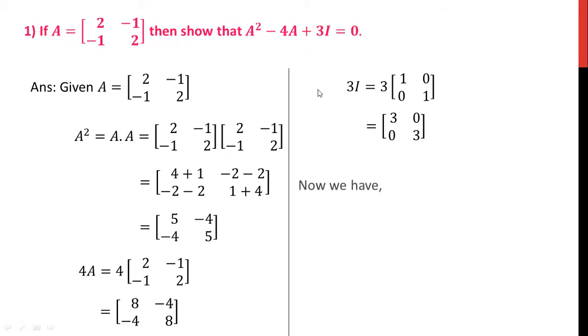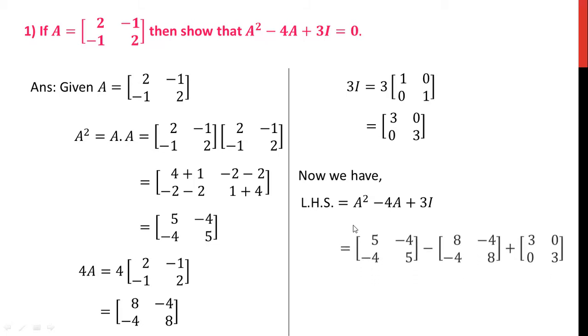So let us take LHS. So LHS is given. Now put all the values here. A square is there, minus 4A, that is here, plus 3I. Now this is the subtraction and then addition.